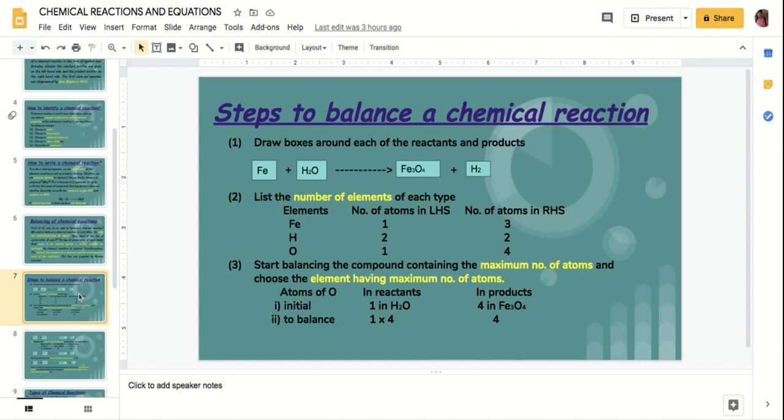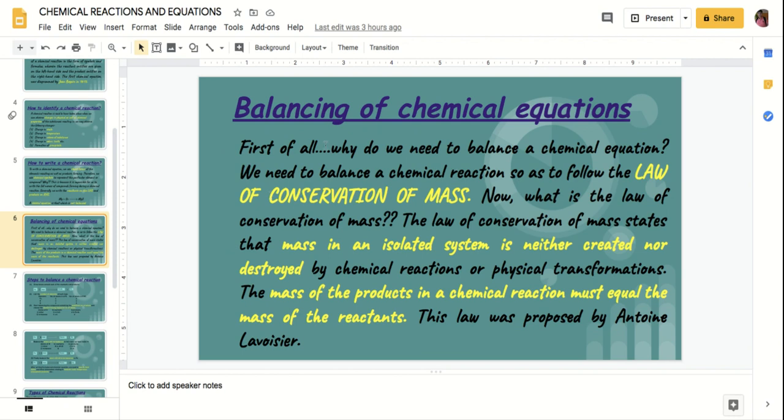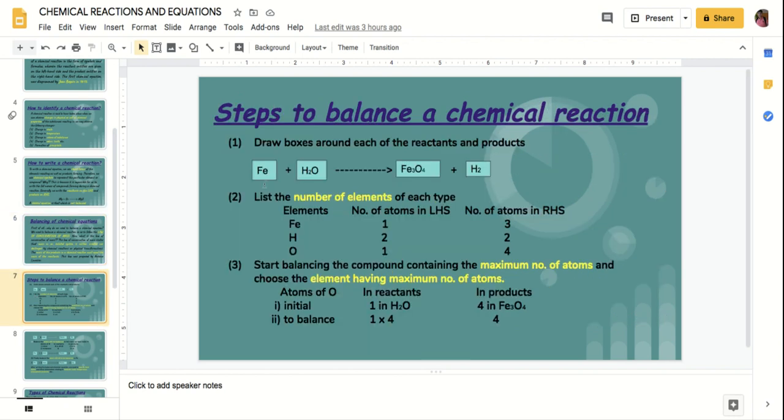Now, first we'll draw boxes around each. I might be wrong in my representation, but I could just do this much to help you understand. So Fe plus H2O gives us Fe3O4 and H2.